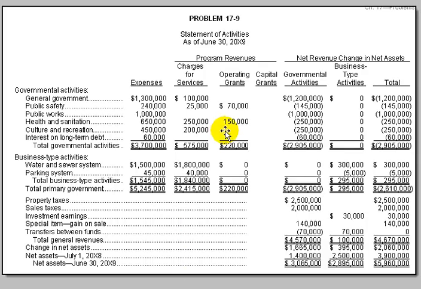As a result, we can net our government activities, right? 1.3 less the charge, 240 less the charge, right? Less the operating grant. So this just becomes a mathematical value based on what you saw for expenses and program revenues.